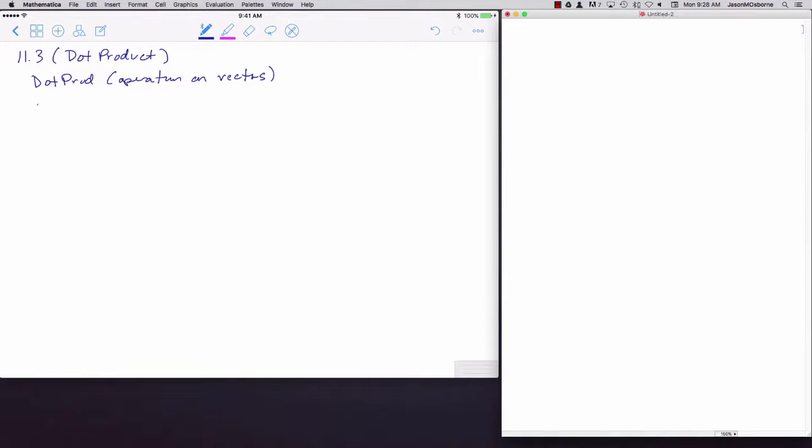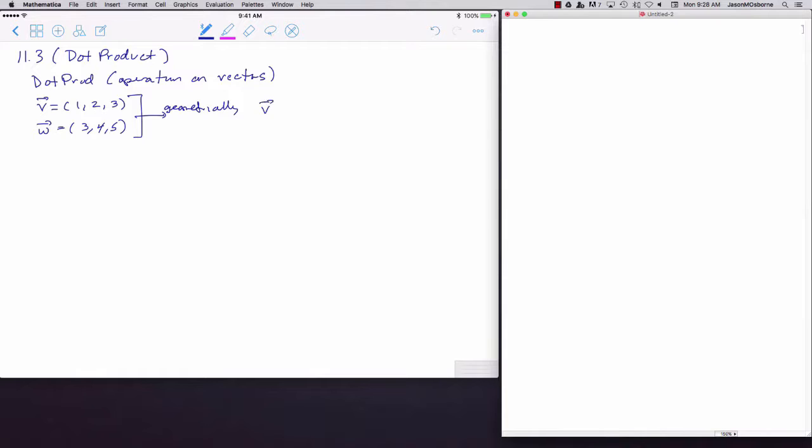So, for example, recall that you could have the vector v be, say, the vector 1, 2, 3, and maybe a vector w is 3, 4, 5. Okay, recall where these come from geometrically.